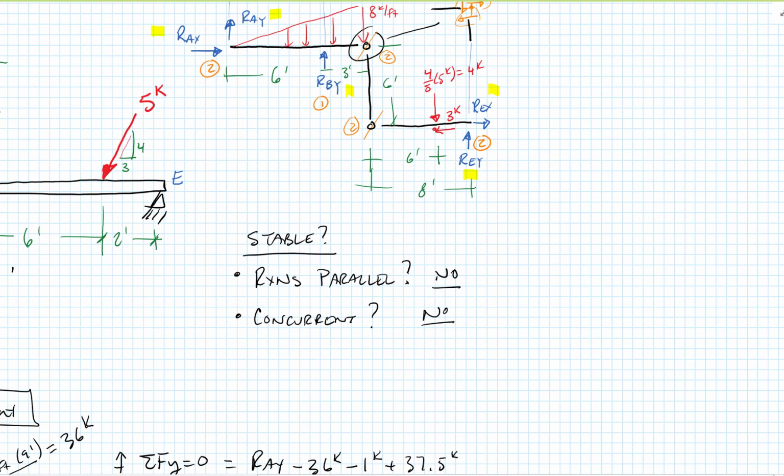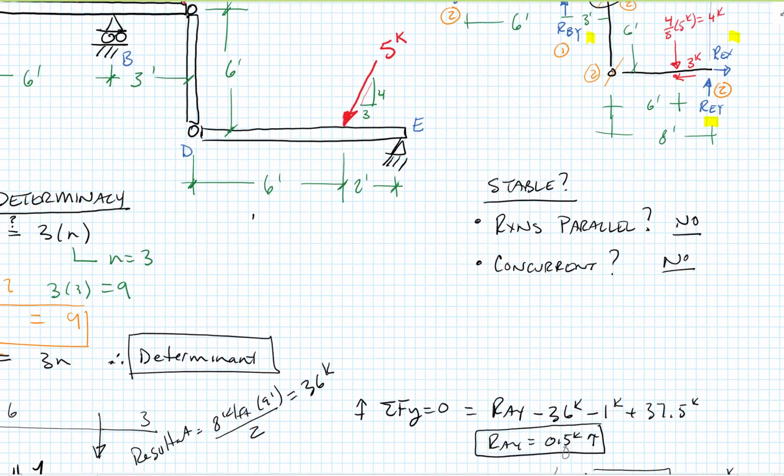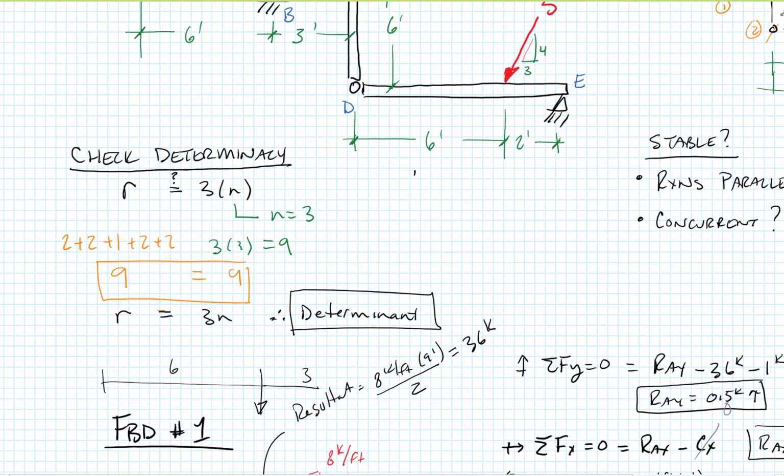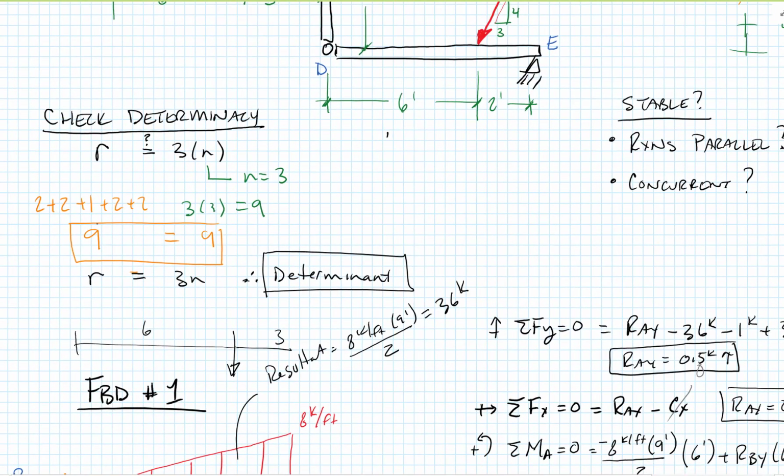Our reactions are not all parallel, and they don't all converge at one point. So we've checked this odd case of stability. Then we jumped over here and we checked determinacy. We had 9 unknowns. We had 3 members times 3, 9 equations of equilibrium. So we concluded it was determinate.